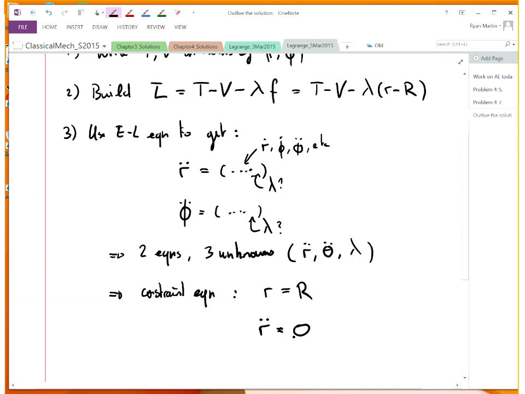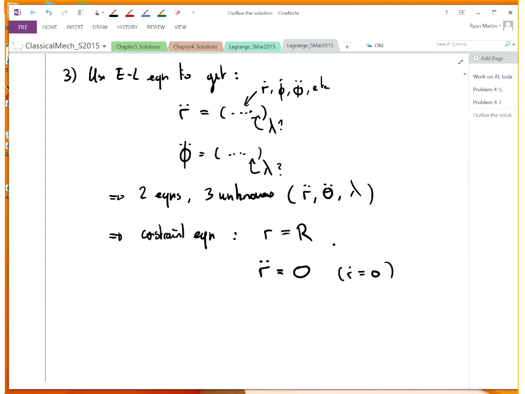That makes complete sense, right? Our constraint is that the mass is sliding down the hemisphere. So even though we've added in this degree of freedom R, it's a constant. So of course, the R dot and R double dot are both 0. You could have just done it with 1 degree of freedom, but the point is we wanted to keep the second degree of freedom so that we could find lambda. So that gives you the third equation.